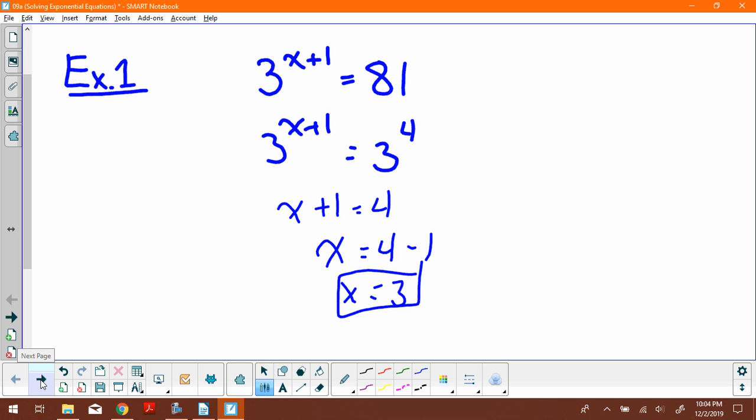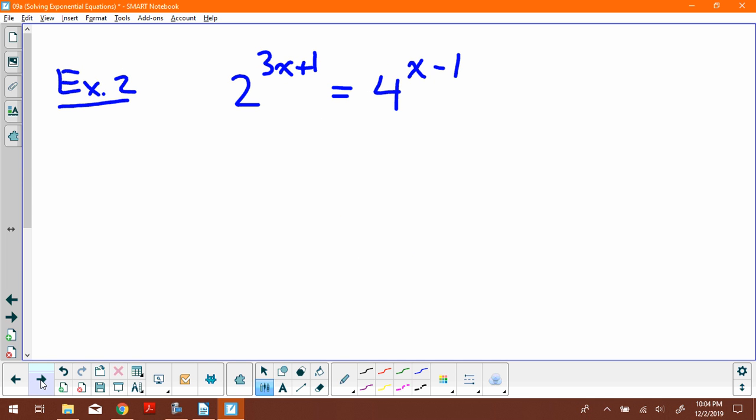Okay, example 2. 2 to the power of 3x plus 1 equals 4 to the power of x minus 1. Again, let's make a little adjustment here. I can keep the 2 on this side, but on the other side, I'm going to have to set an exponent for that.